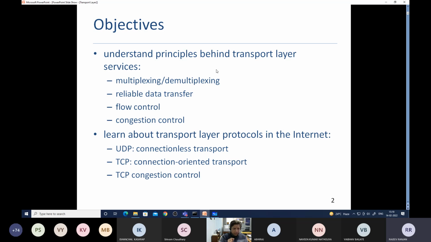Flow control: once we are talking about an internet scale protocol, you might have two machines, one with good computing power and good bandwidth, and the other without. So how do we regulate the flow of the fast sender according to the receiver's capacity? That is what we're going to see in flow control.